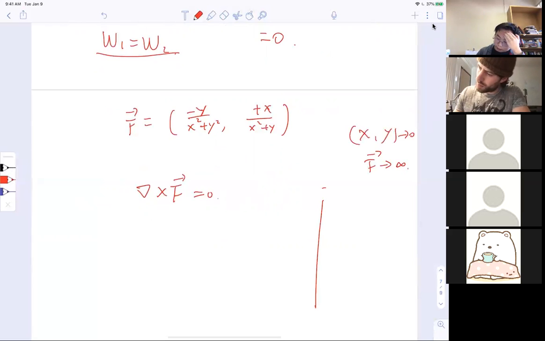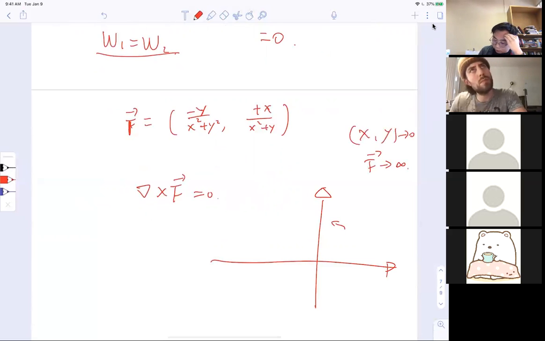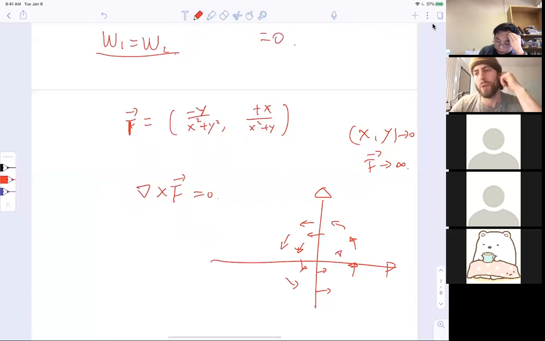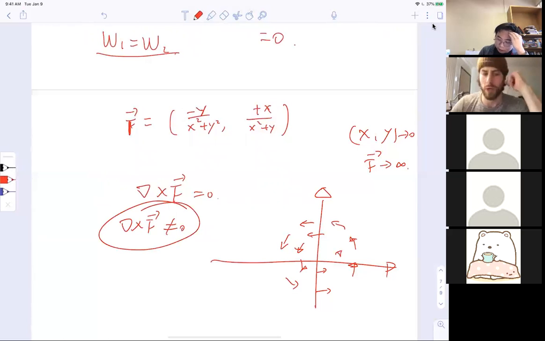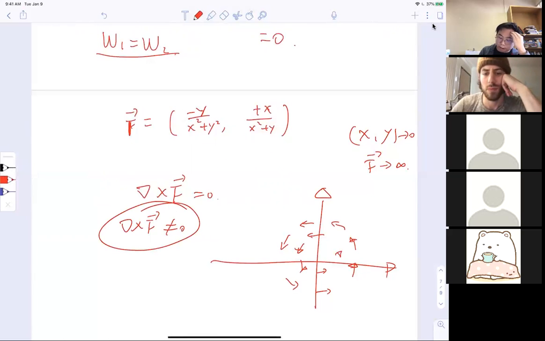So if you draw this force, it actually looks like this. You know that the curl must be non-zero. But if you do the calculation directly, you get 0.